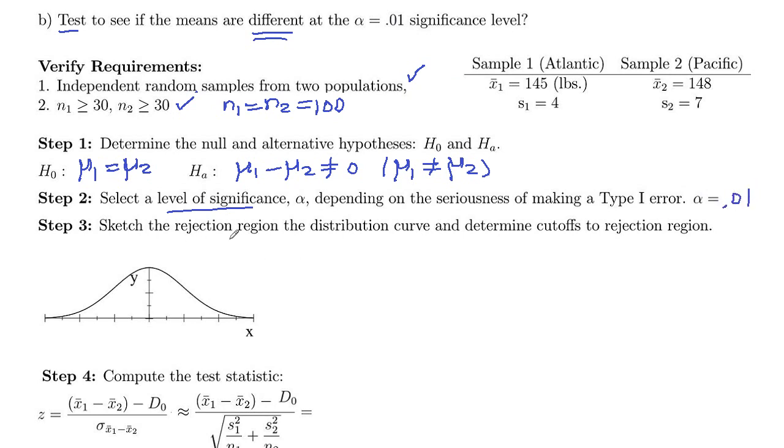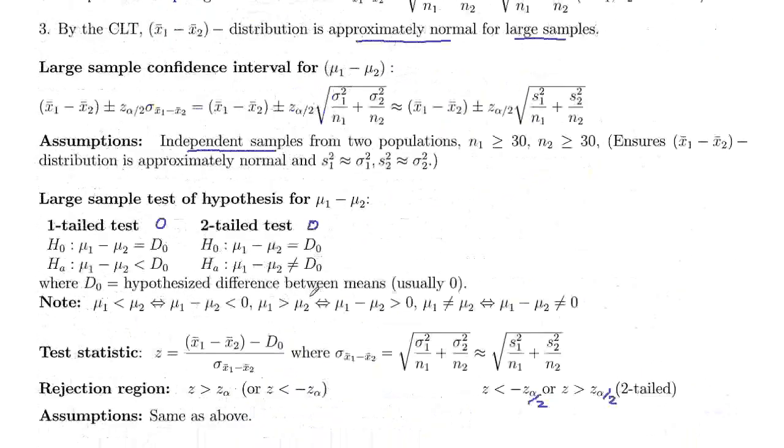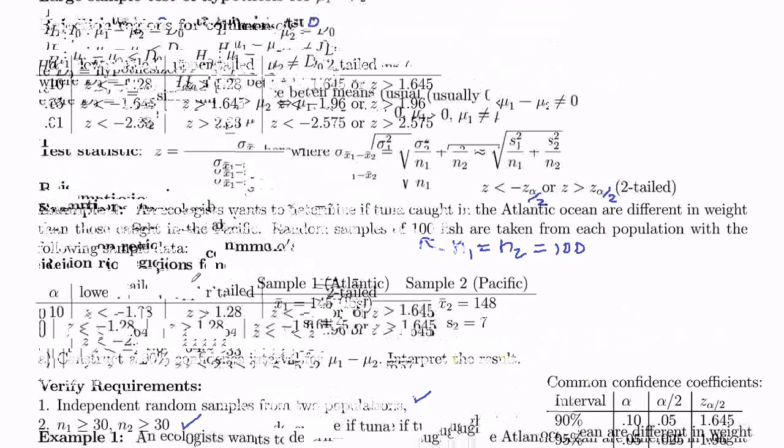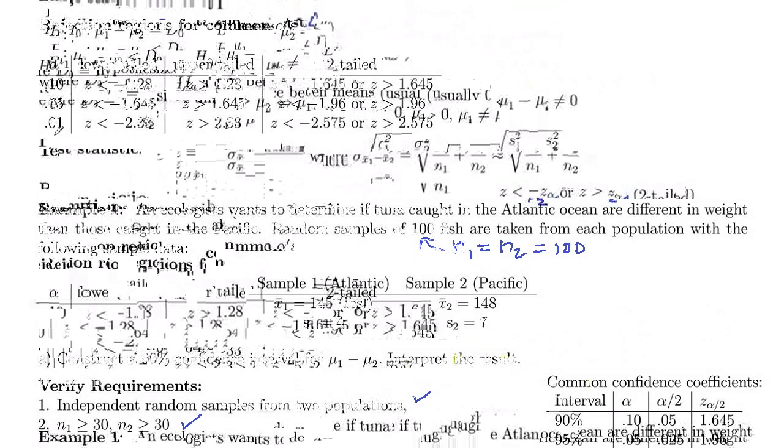Sketch the rejection region, step 3. So in sketching our rejection region, we're using the Z distribution, so we can use the table of rejection regions for common alphas. So that table is right here. So alpha is 0.01.